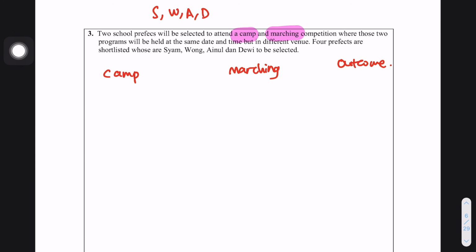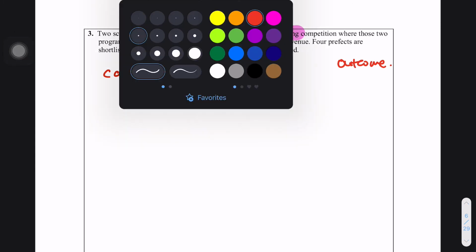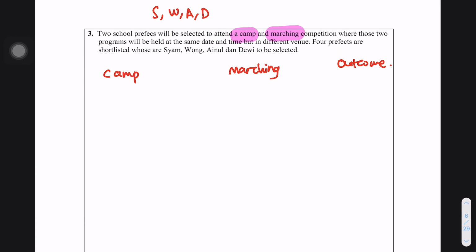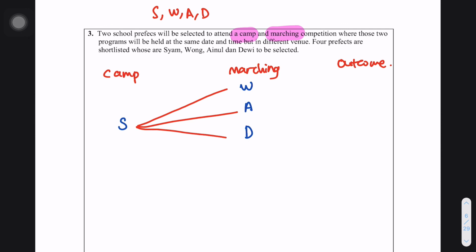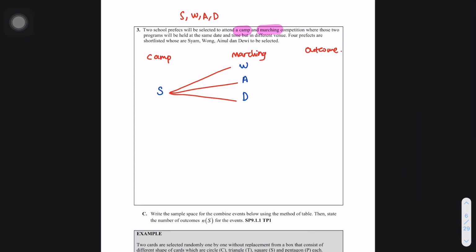For example, if Sham is selected for camp, we only have 3 options left for marching: Wong, Ainul and Dewi. Next, draw the lines as usual, 1, 2, 3, then repeat for all.